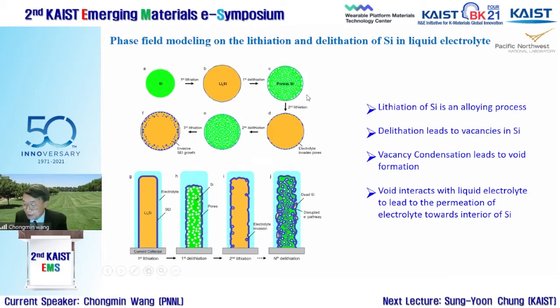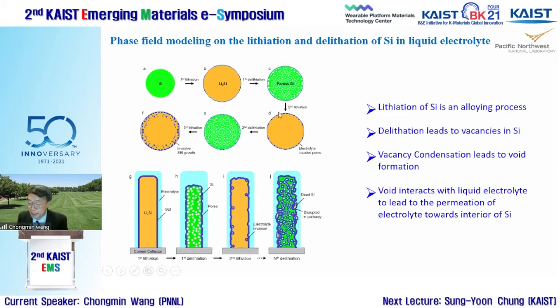If you take lithium out very quickly, these vacancies can condense and form a large void in some way. That's what really happens. If you form a void, the liquid can penetrate into this void, and then gradually a corrosion process occurs.